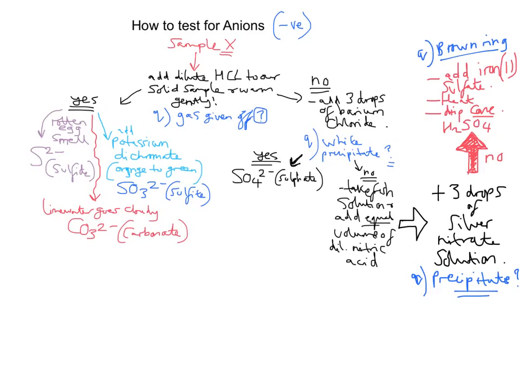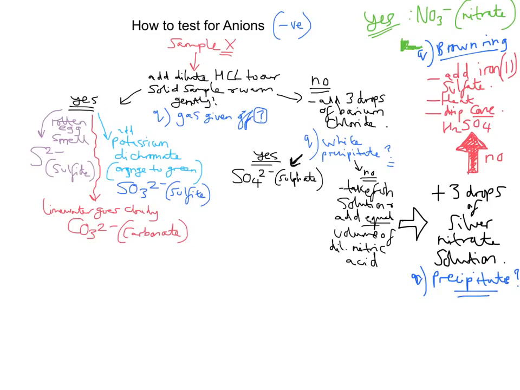But if a brown ring is formed, if we do get a brown ring forming, then what we've got at that point is something called the NO3-, the nitrate ion. So if the answer to that is yes, if we do get a brown ring forming, then what we've got is the NO3- or nitrate ion.